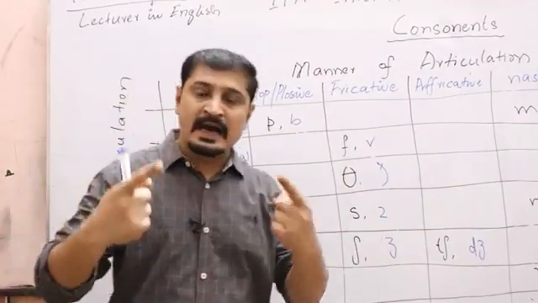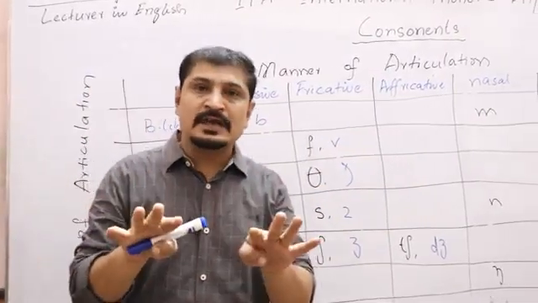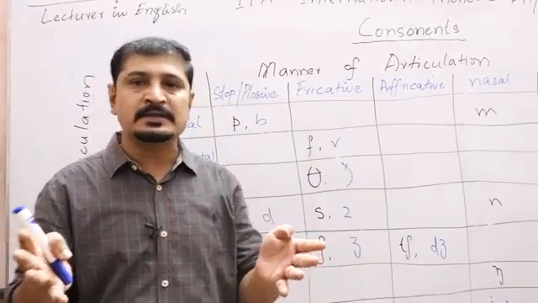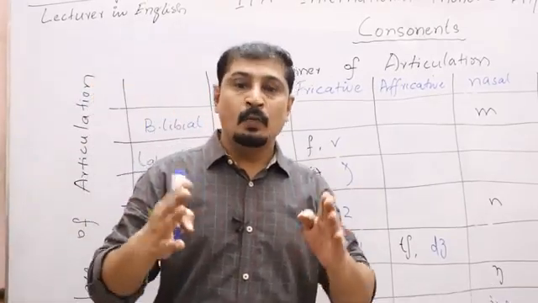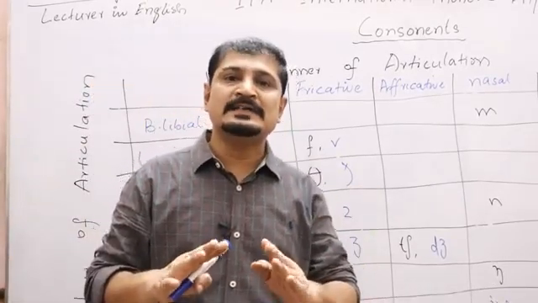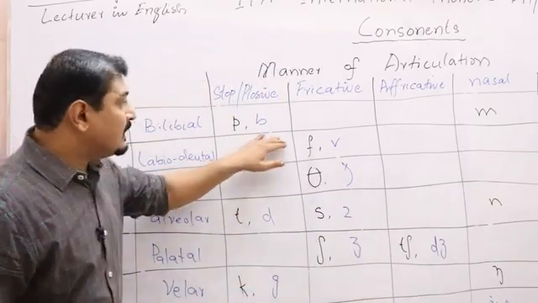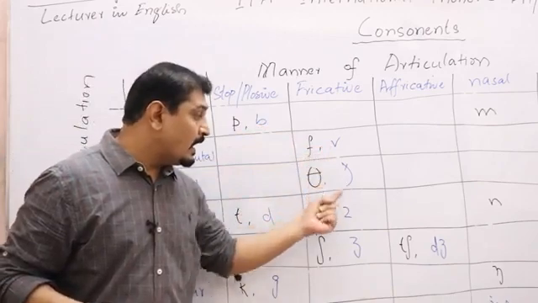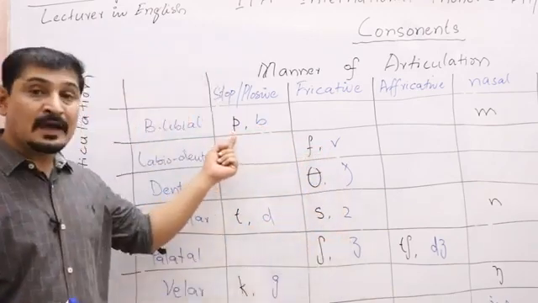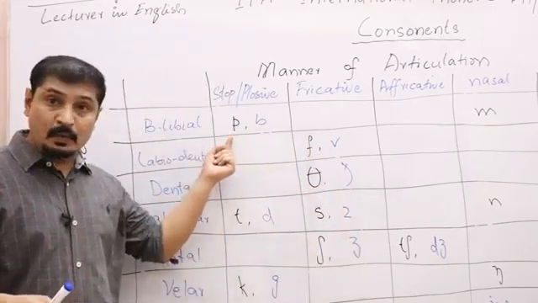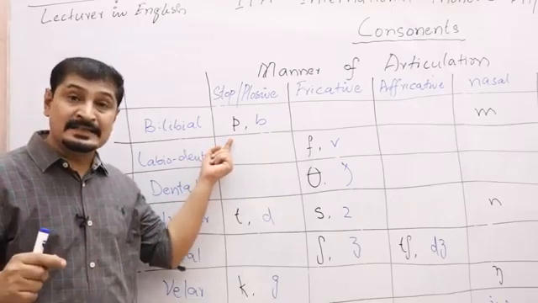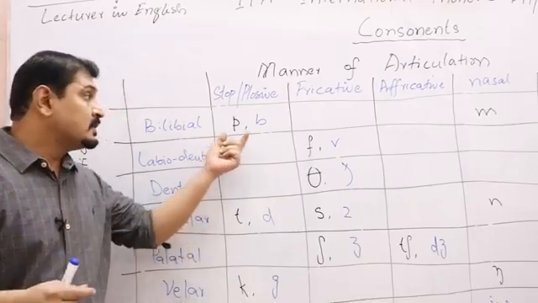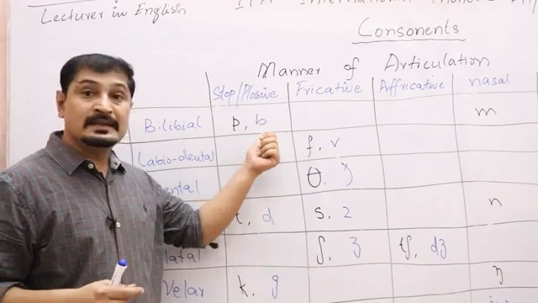If you remember my last lecture, we said that the consonants are further divided into two parts. One is referred to as voiced and the other as voiceless. So here the sounds that I have written with the blue marker are voiced, and the sounds that I have written with the black one are called voiceless, or without voice.